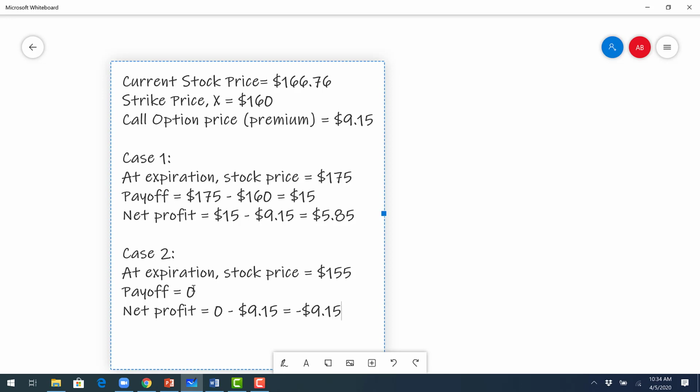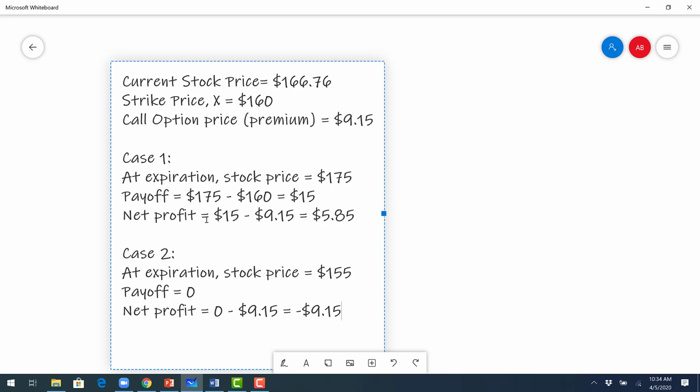So your net profit is a negative $9.15, means it's a loss of $9.15. So you basically lose the entire premium, the entire price that you paid for the option is gone in this case, right? This is 100% loss. You lose your entire investment. If you buy one contract, you invested $915, and $915 is lost in this situation.